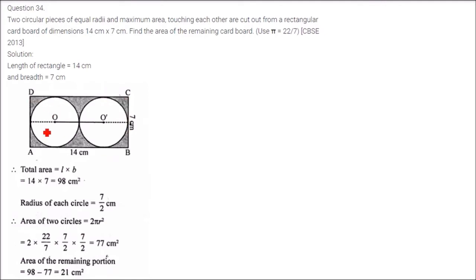So we have to find out the area of the rectangle first, sorry, not square. Then we have to subtract the area of two circles. So what is the area of the rectangle? It is length into breadth, so it will be 14 into 7 simply. So what is the area of the circle? One circle, let us find out. Area of the circle, we have to find out two of them. So 2 into, what is the area of one circle? Pi r square. What is the radius?